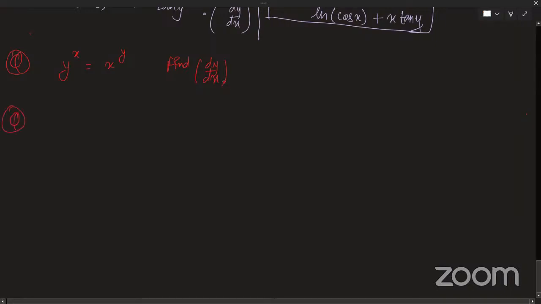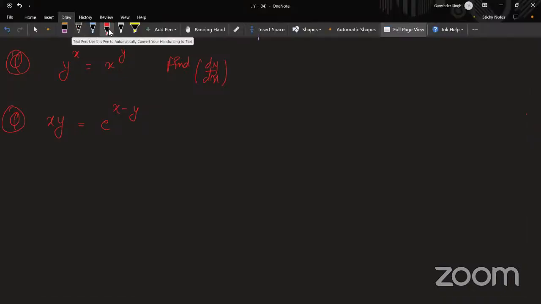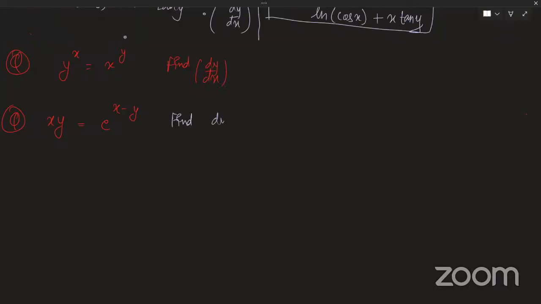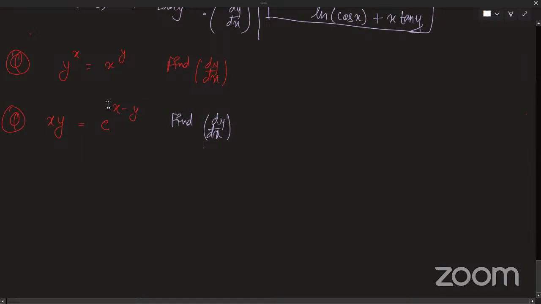So you can take one more similar question. You have been given x into y is equal to e raised to x minus y. It is an implicit function also, but you won't actually require logarithm if you just think a little bit. You can do it by logarithm if you wish to, but e raised to x minus y can be solved without taking logarithm also.